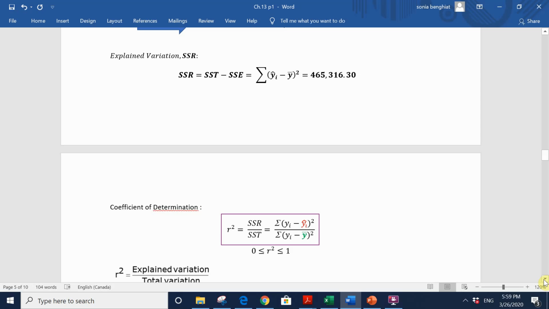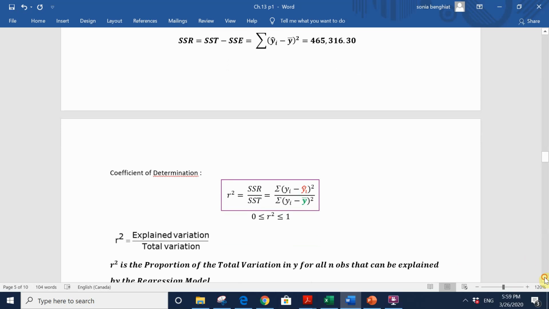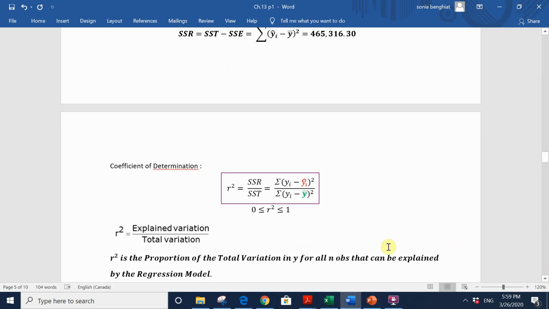R square is the proportion of the total variation in my dependent variable across all n observations in my sample, relative to the total variation in my simple linear regression model.